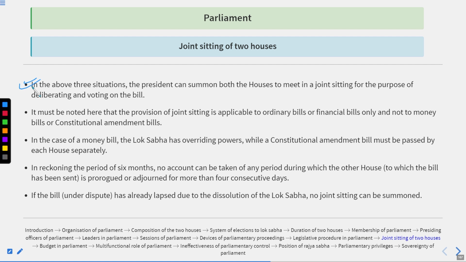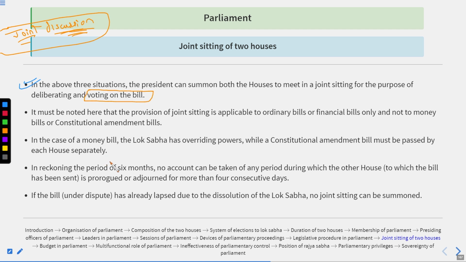It means that instead of separate discussions, there would be a joint discussion between both houses. They will jointly discuss the matter, and then voting would be organized.